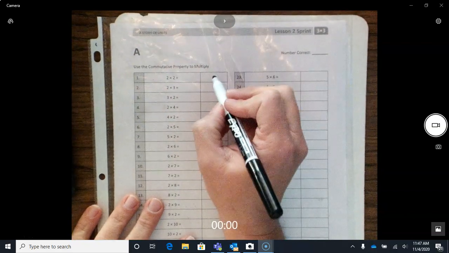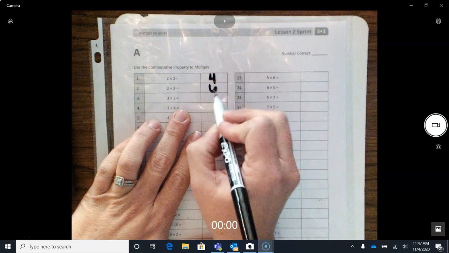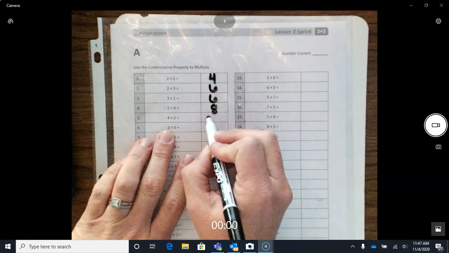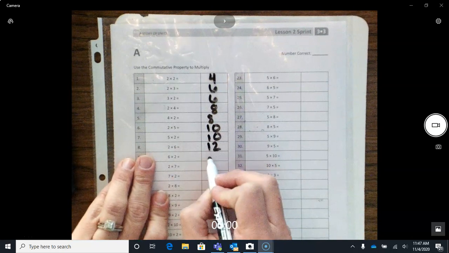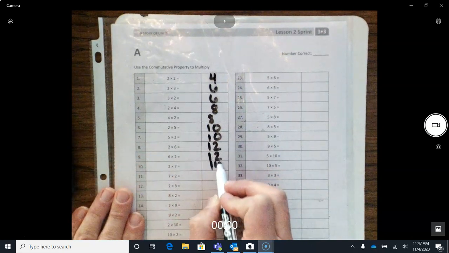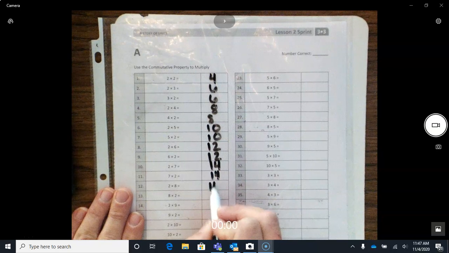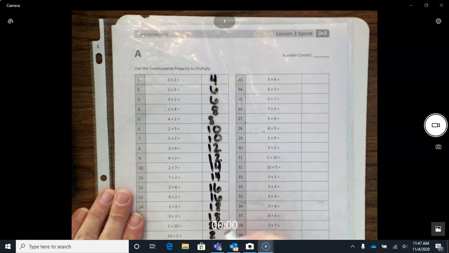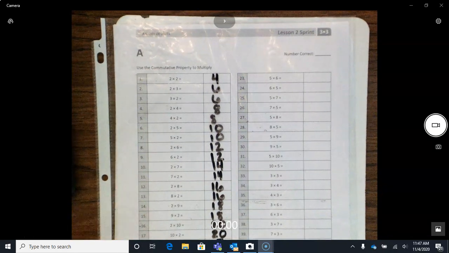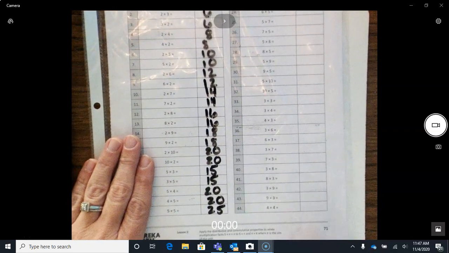Here we go. 4, 6, 6, 8, 8, 10, 10, 12, 12, 14, 14, 16, 16, 18, 18, 20, 20, 15, 15, 20, 20, 25. All right, here we go.